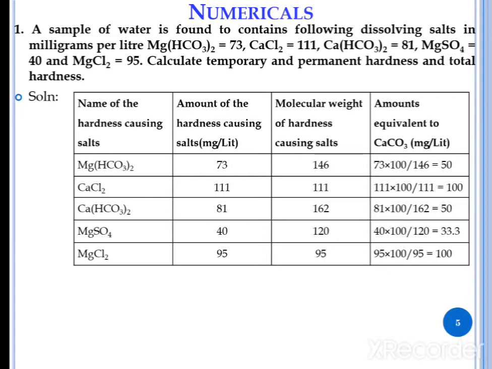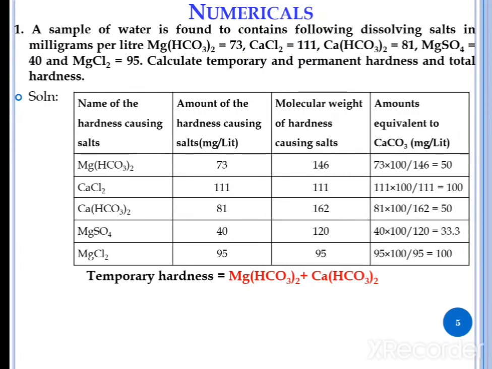Then the next aim is to calculate temporary hardness. As all of you know, the factors responsible for temporary hardness are bicarbonates and carbonates of calcium and magnesium. Here the bicarbonates of calcium and magnesium are given, so these two are responsible for temporary hardness.